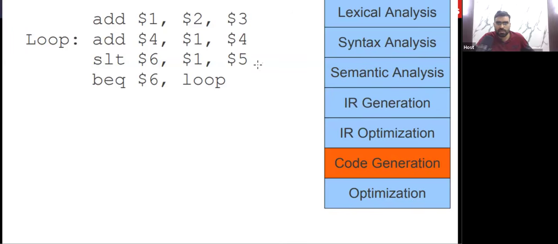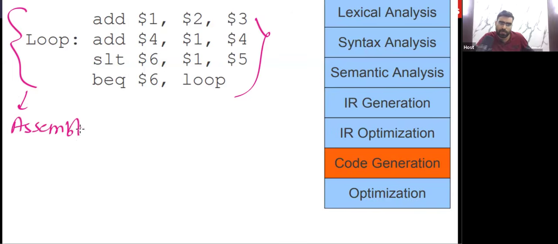So remember, this is the code you got. Notice one thing. This is the output of code generation. This is the assembly code that we got, and this is machine dependent.